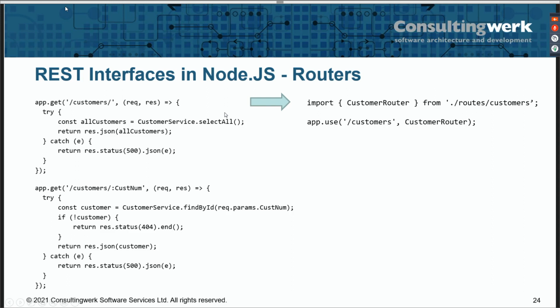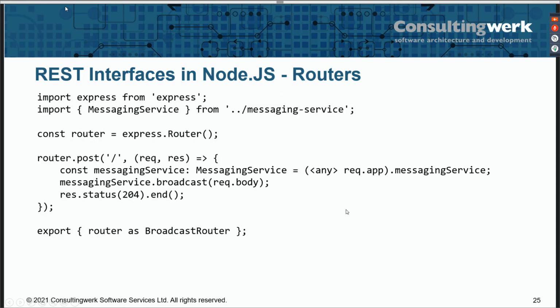Whereas if I use a customer router, all of that goes into my customer router class, and then I just mount that customer router on the /customers main route. That makes it all much more maintainable. You can obviously do it like what we see on the left, but it can quickly become a mess that way.